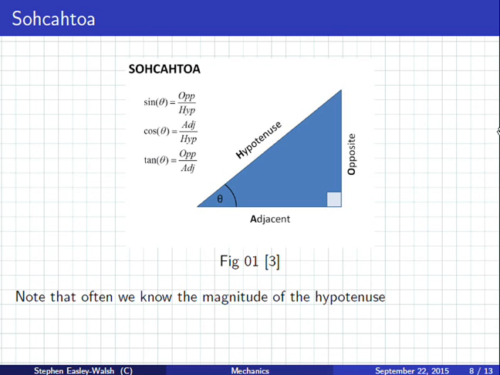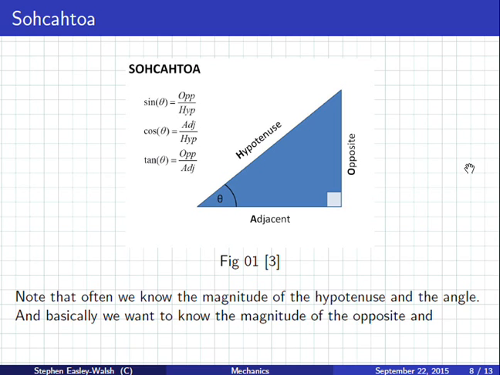Did you write those formulas down? Okay. These formulas are useful because if we know the magnitude and the direction, then we can work out the opposite and the adjacent. So basically, this answers my question I gave you at the start of the class.